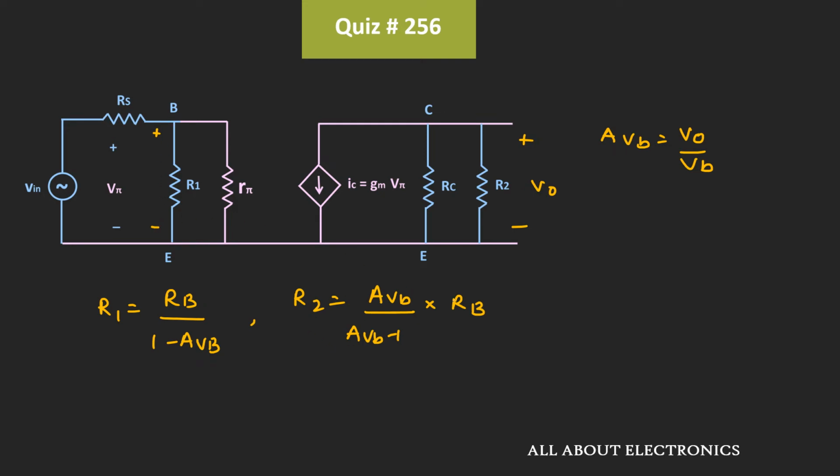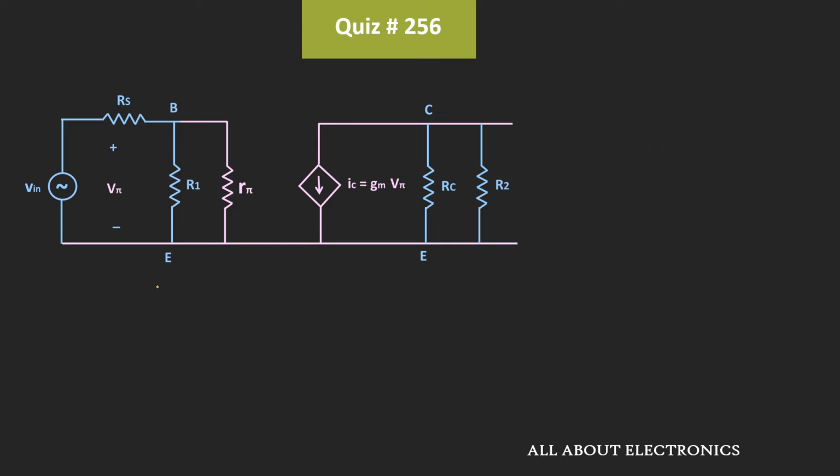Now this R2 will be approximately equal to RB. Here we need to find the value of R1, and for that first of all we need to find the value of AVB.